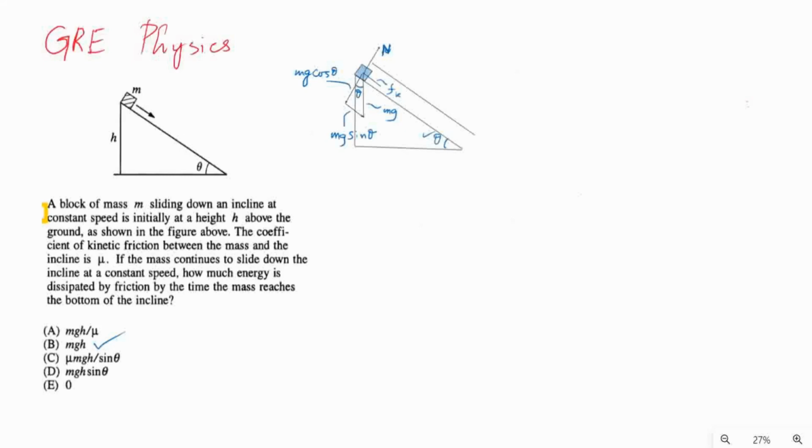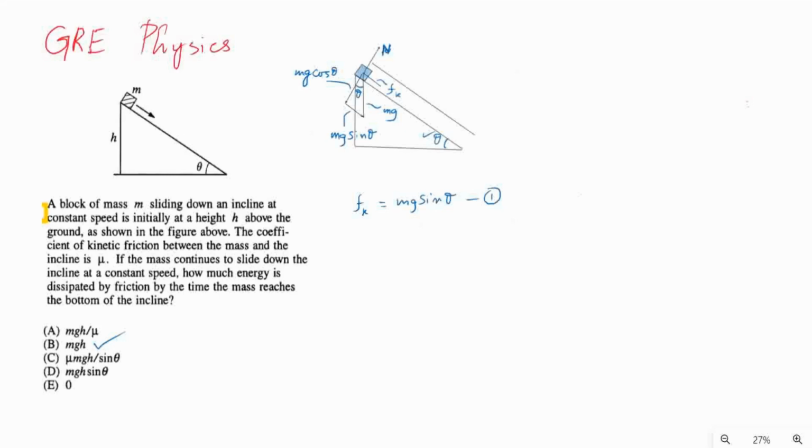Now, let me write the equations involved. Since the block is moving with a constant velocity, it means that Fk has a magnitude equal to mg sine theta, that is this one. So call this one equation number 1.